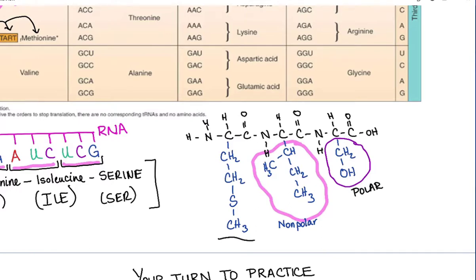Now methionine is a little funky because there is a sulfur in methionine, but otherwise it has carbons and hydrogens. Sulfur is not nearly as electronegative as oxygen is, so technically this one is also nonpolar. So if you know what the designations are of the various amino acids in terms of are they polar, nonpolar, electrically charged, you can predict what they might do when they get ready to fold into their 3D conformation. And we'll explore that in more detail in a little bit.